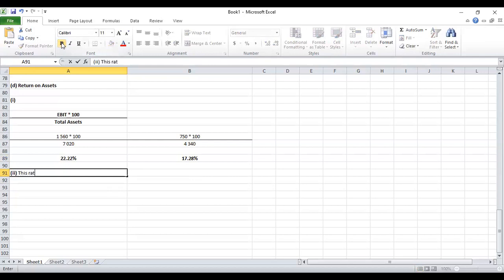This ratio measures the performance or profitability generated from utilization of the assets.